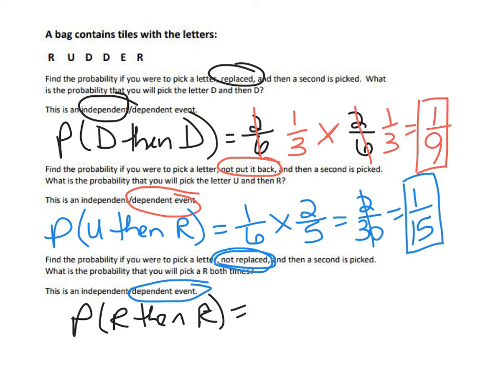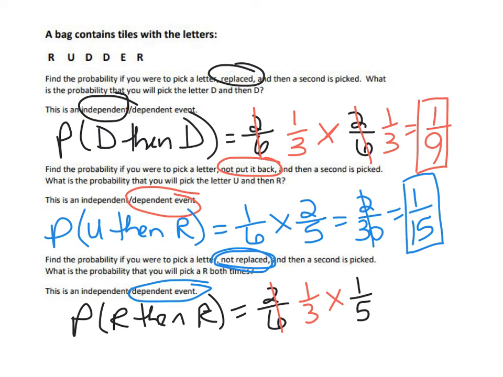Okay, so in this case, what's the probability of getting an R? 2 out of 6, and that becomes 1/3, times, what would be the probability of getting a second R? 1 out of 5. Guys, when you pick the R, you're keeping one of the R's, right?